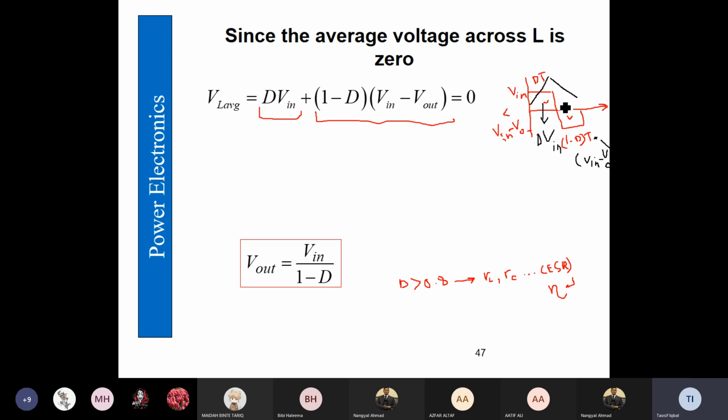Whereas in the on time in mode 1 the voltage is duty cycle times Vin.